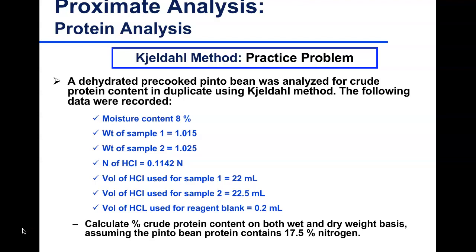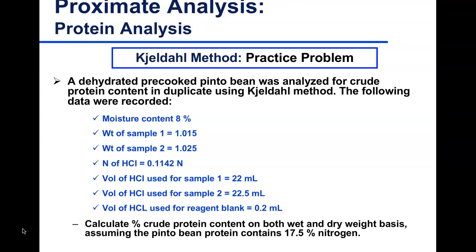Okay, guys. So here's the problem you have. A dehydrated pre-cooked pinto bean was analyzed for crude protein content in duplicate using the Kjeldahl method. The following data was recorded. So right here.